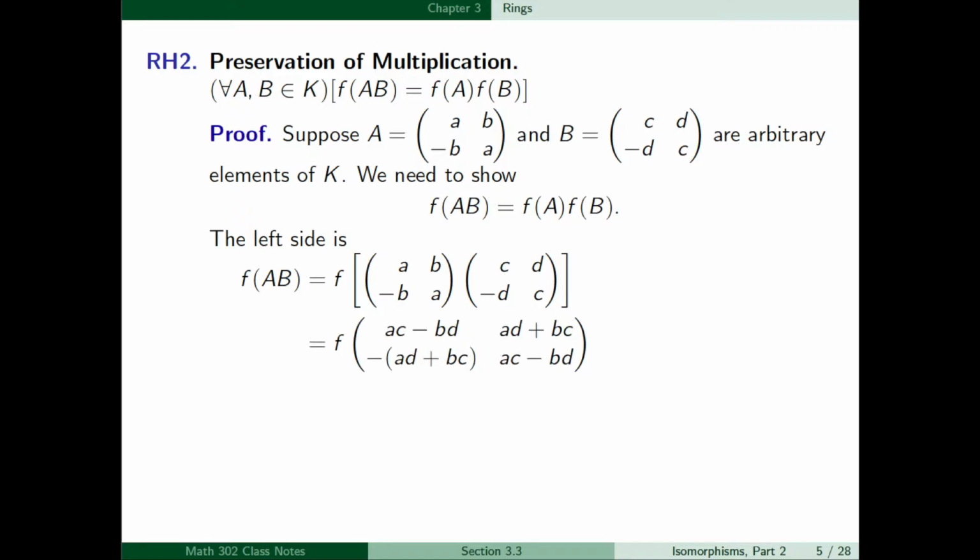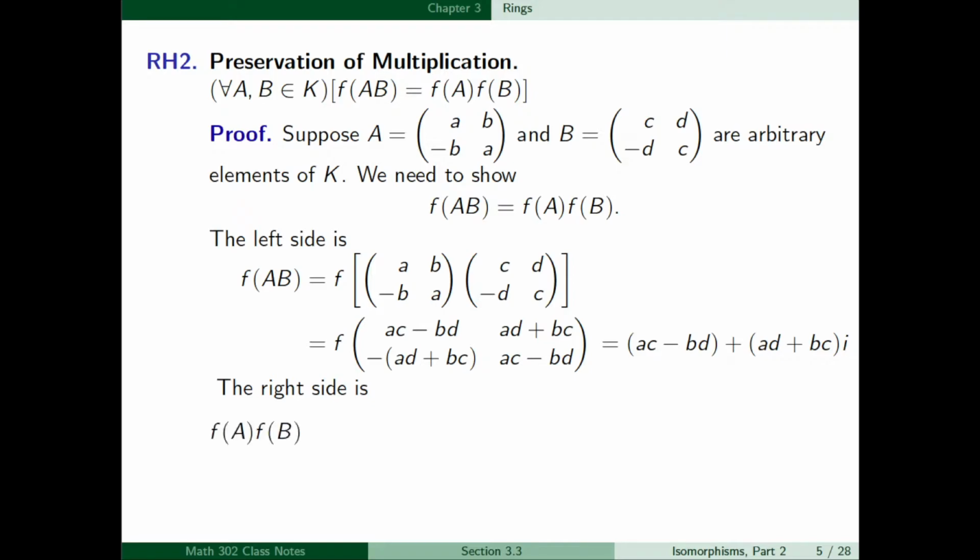And taking the product, we obtain f of the matrix with entries ac - bd and then ad + bc. And f of this matrix will be ac - bd plus the quantity ad + bc times i.